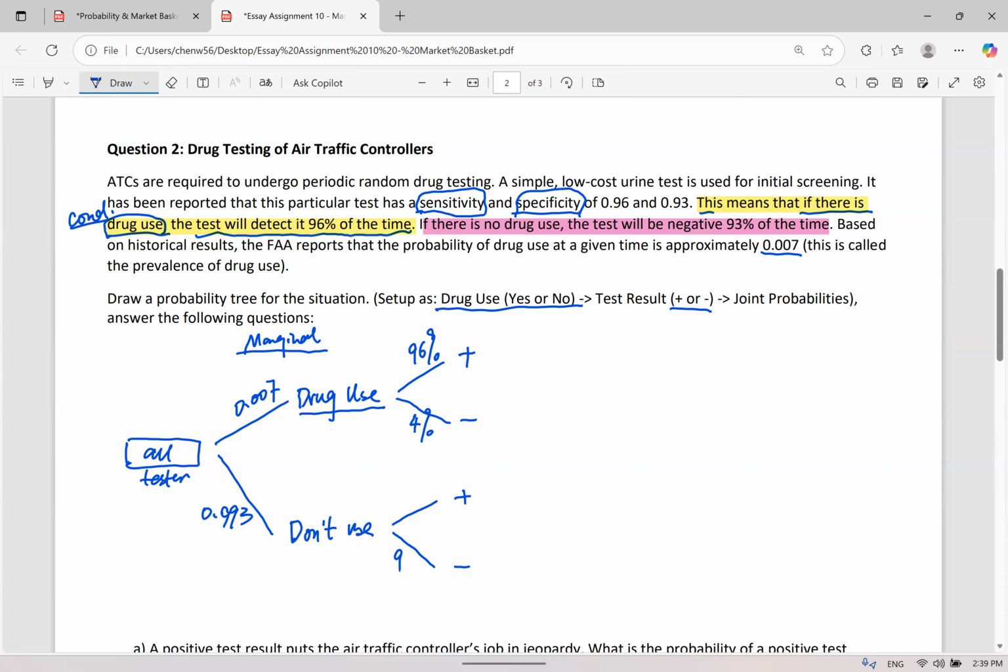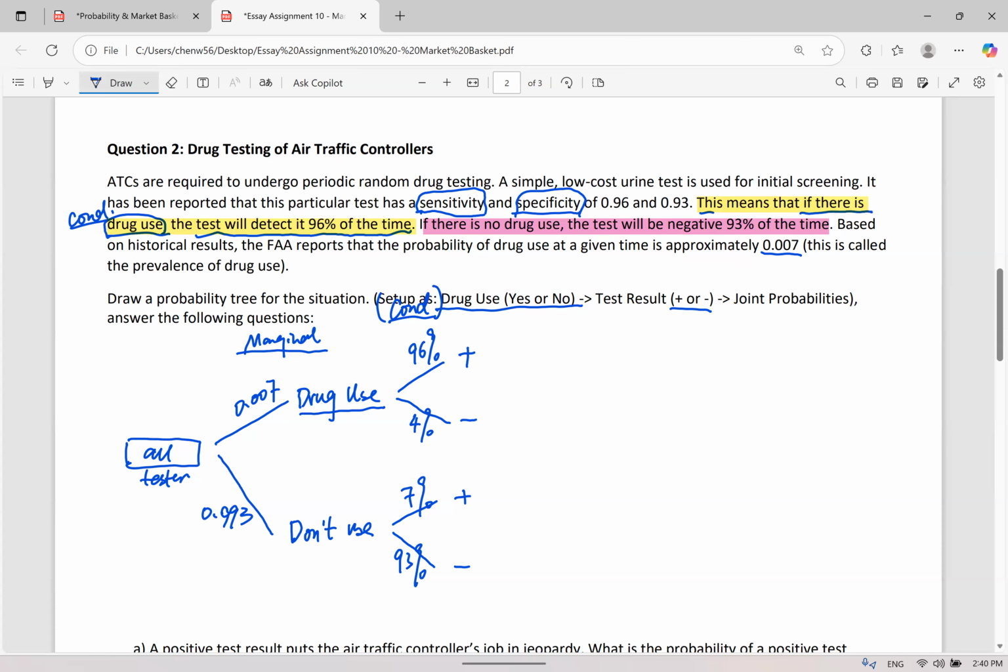So that means 93% will be negative. That means the other way, 7% will be positive. Now these four percentages are what we call conditional probabilities.